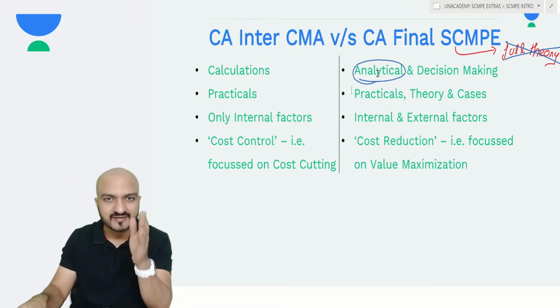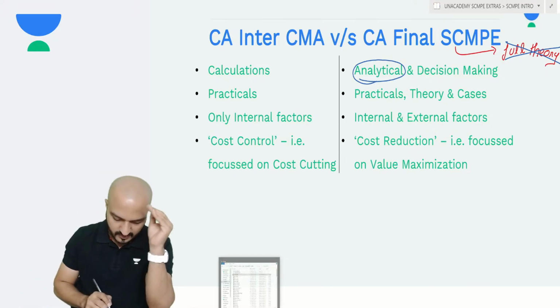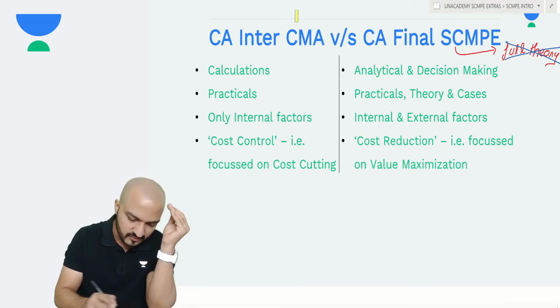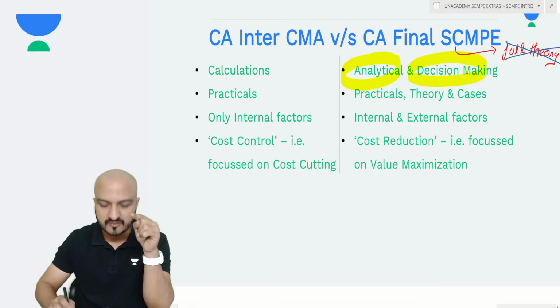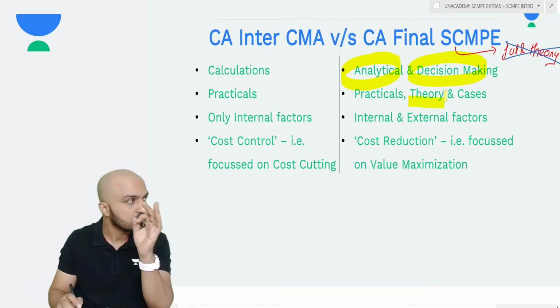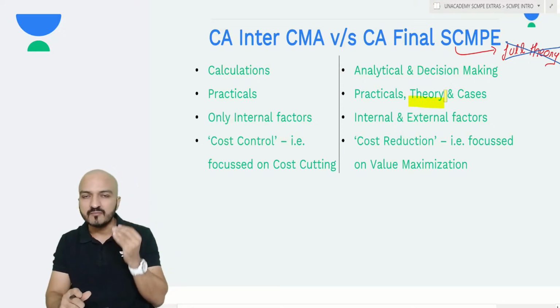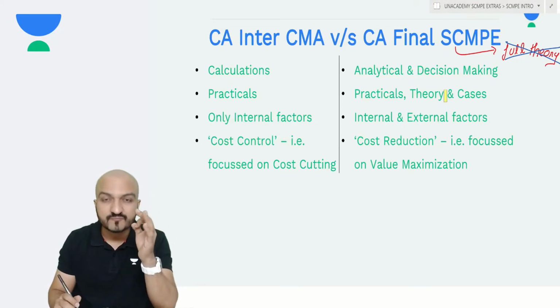CA Final costing is a very realistic subject where you need to give analysis to the client. You need to write lots and lots of analysis and decision making. That's what makes the subject appear like theory. But let me tell you, this subject has very little pure theory.